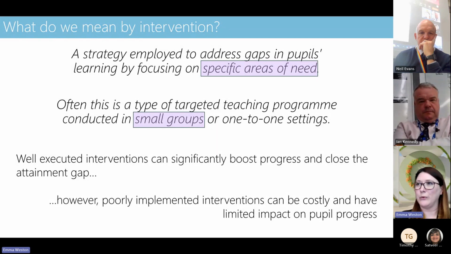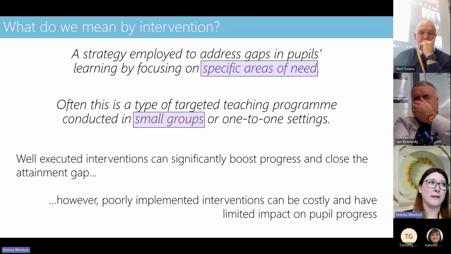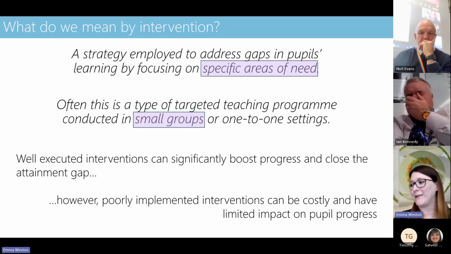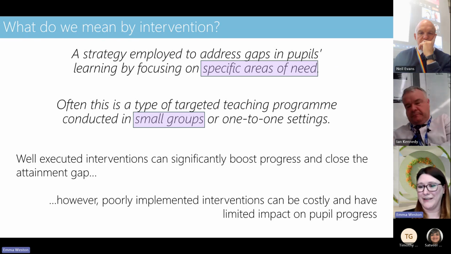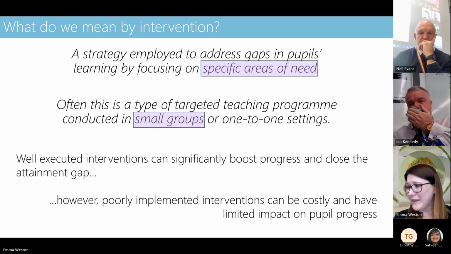And it might be that we also need to make sure that the interventions aren't just with the right students and on the right topics, but also that they're being delivered by the right people and in the right way to make sure that we're maximising their impact, which is a difficult balancing act when we want our most skilled practitioners to be doing lots of things, and people can't do everything all at once.